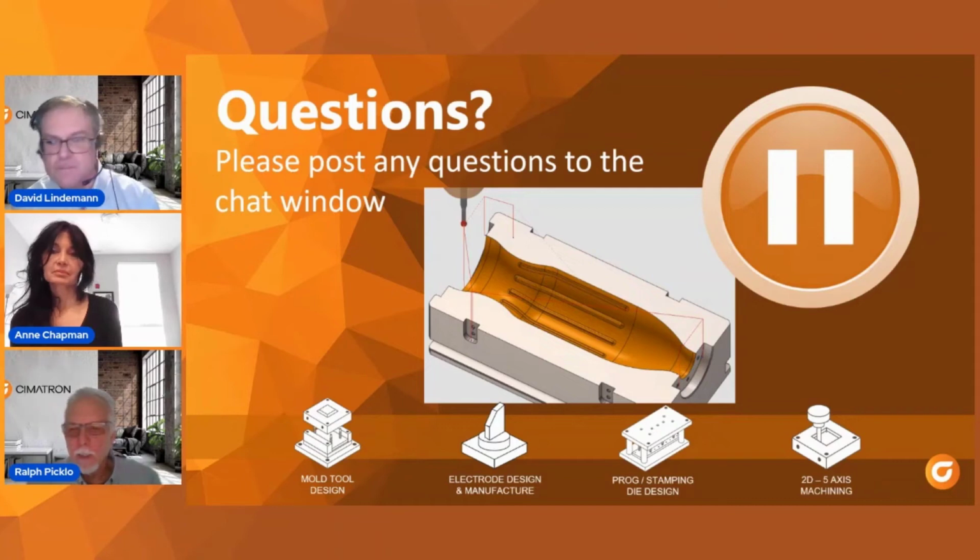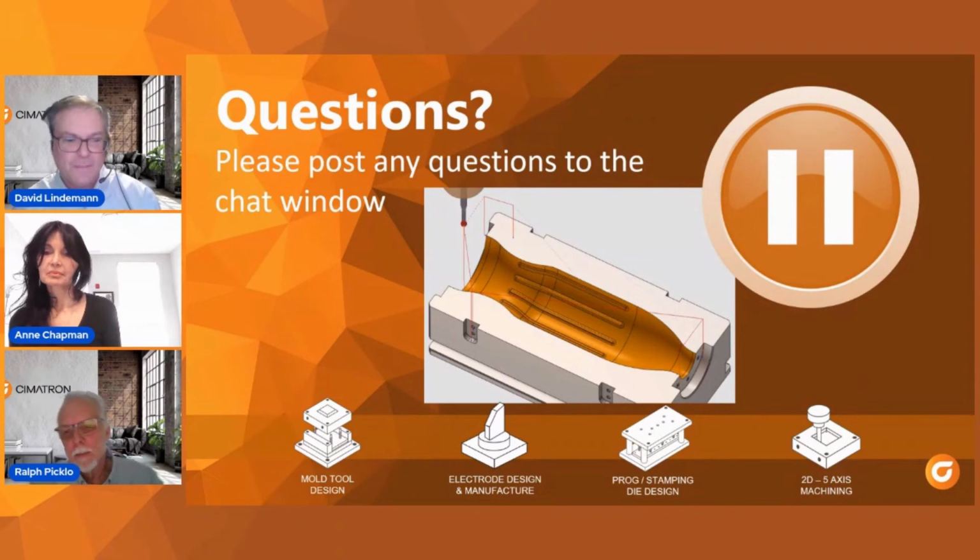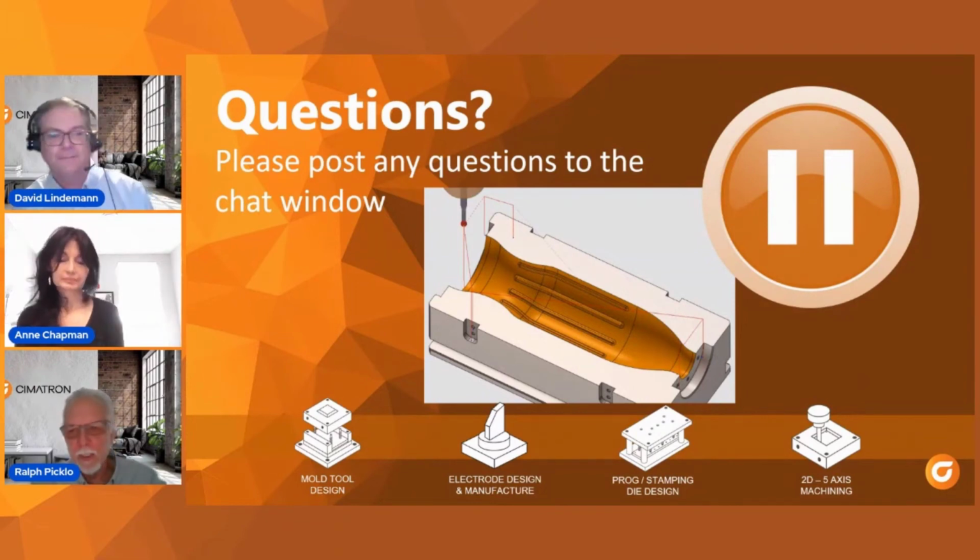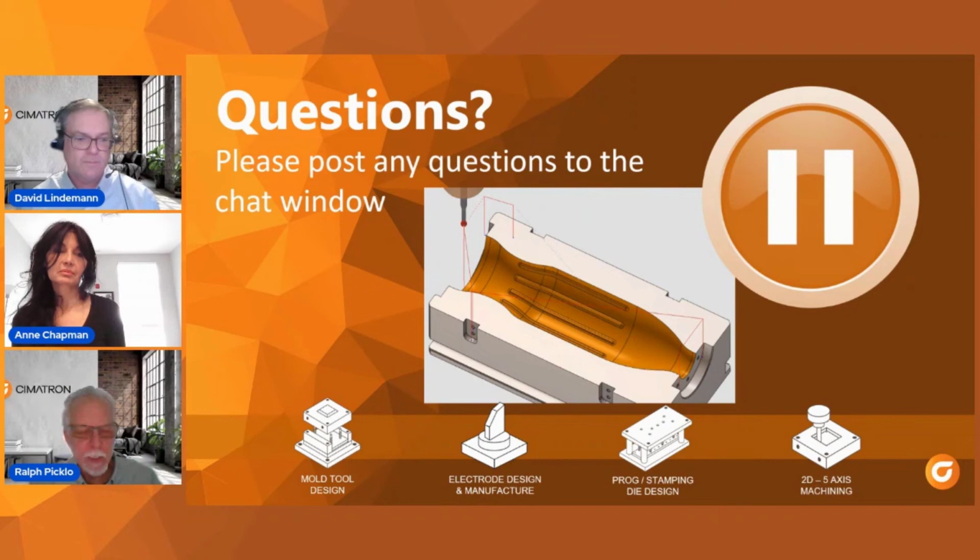Dave asks, is there a 3D cutter comp as well? Yeah, some controls support 3D cutter comp. We're still diving into that and investigating that. You might want to jump into the expo where we can get into a little bit more details on that. I have a problem with 3D offset because what happens when a cutter is contacting two surfaces at the same time and you want to do a 3D cutter comp?